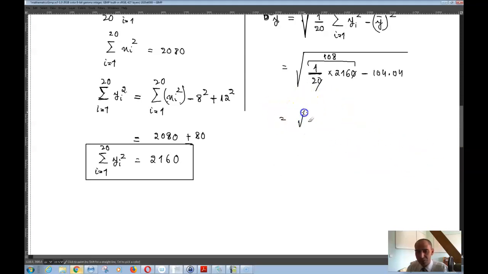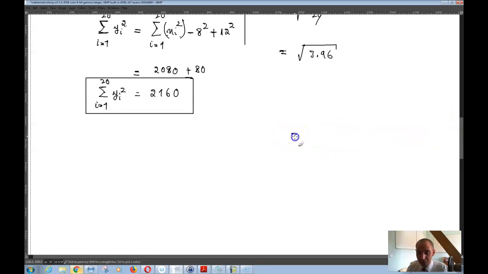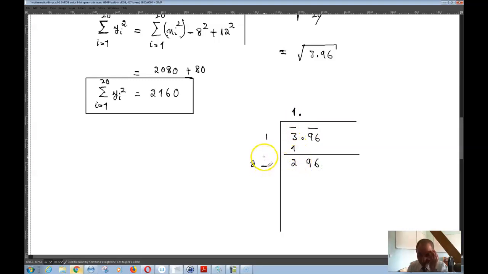So that is the square root of 3.96. Now to compute the square root of 3.96: 1 times 1 is 1, subtract, and the decimal point, 1 plus 1 is 2, and then I bring down 96. 29 times 9 is 261.